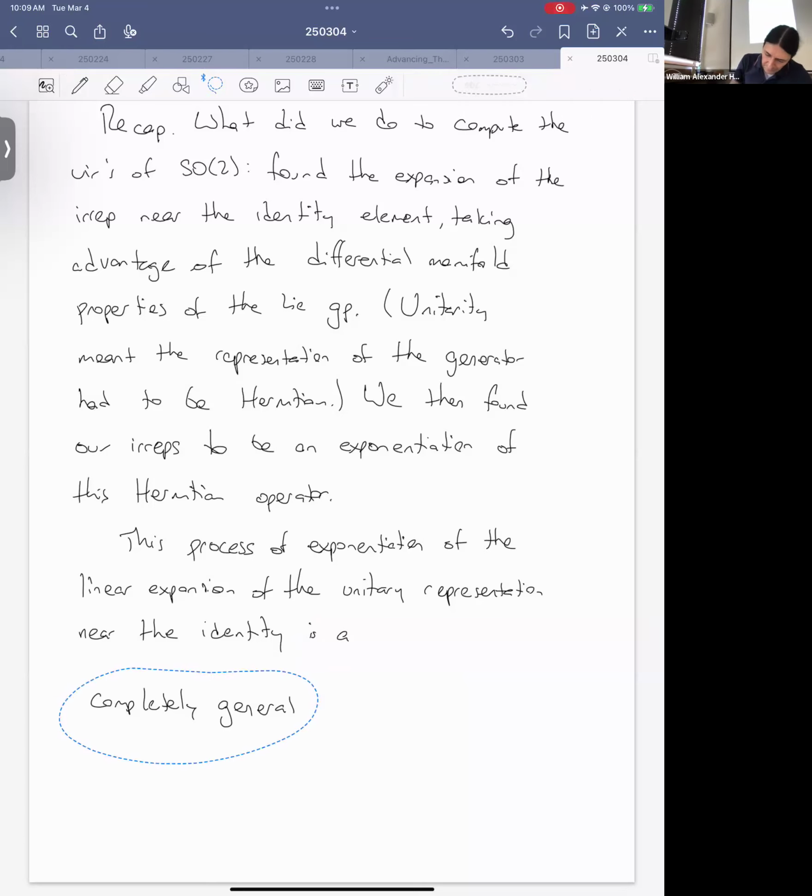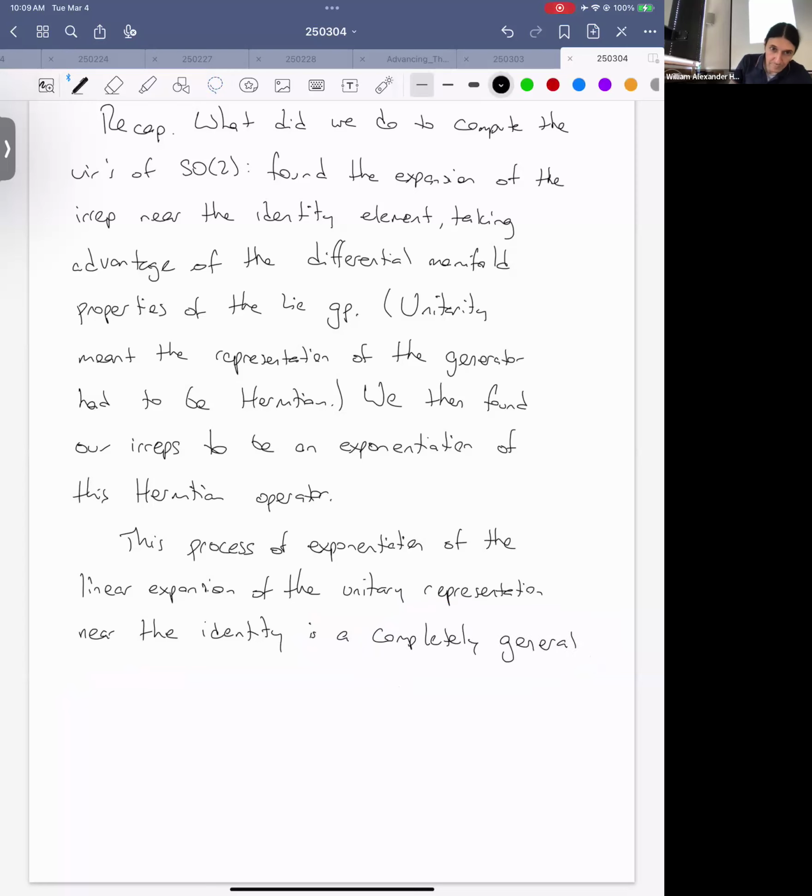Is a completely general procedure for Lie groups.